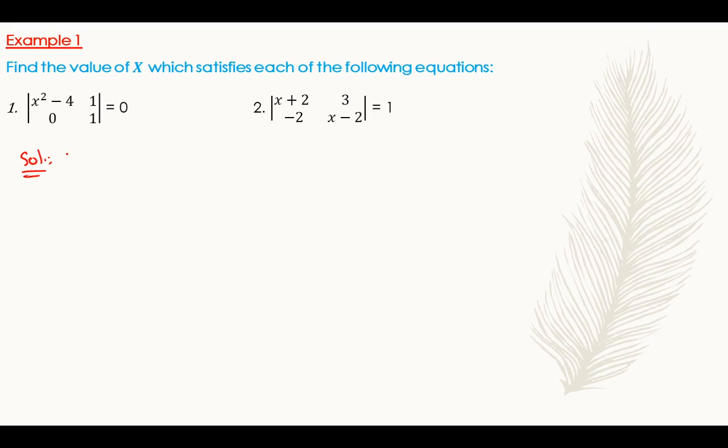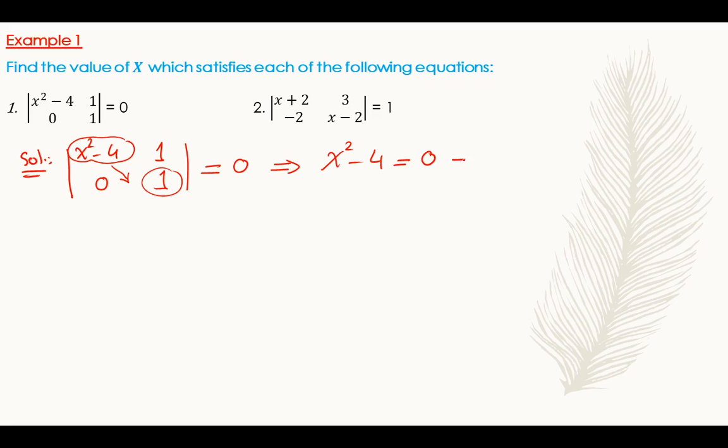Here we have x power of 2 minus 4, 1, 0, 1, and the determinant equals 0. We are going to multiply the elements of the main diagonal. x power of 2 minus 4 times 1 will be equal to x power of 2 minus 4, minus 1 times 0, it will be equal to 0. So x power of 2 minus 4 will be equal to 0.